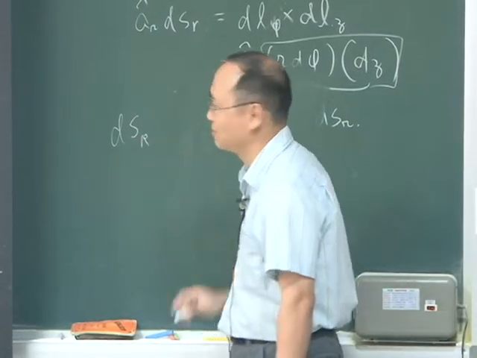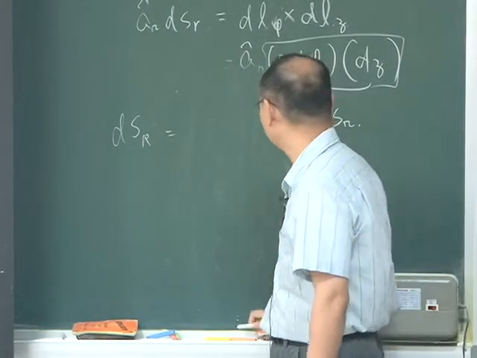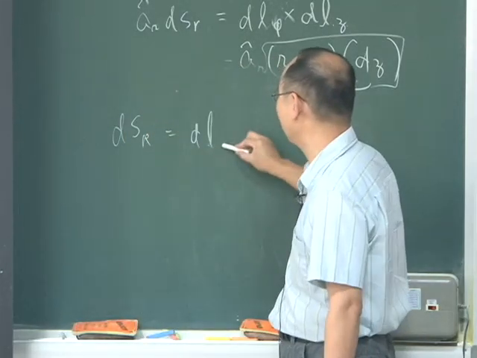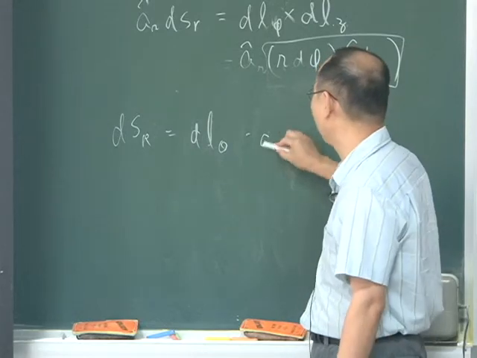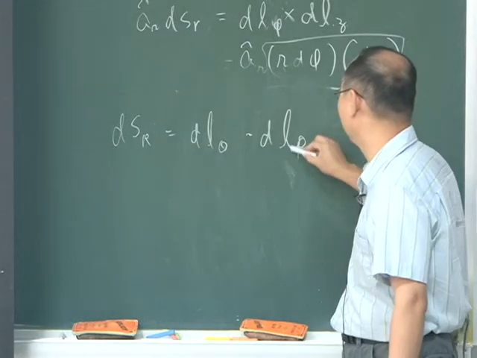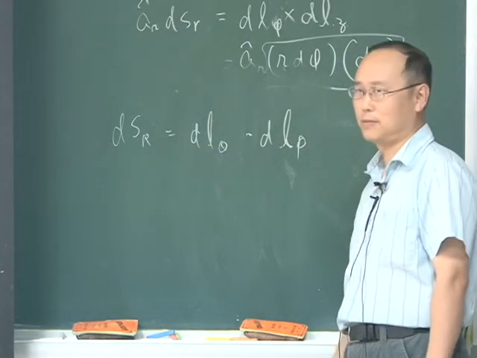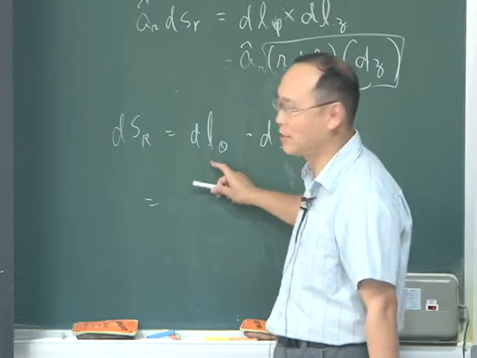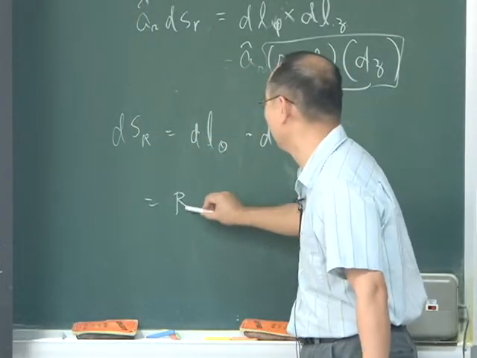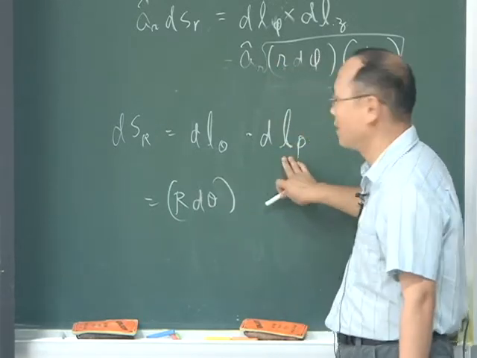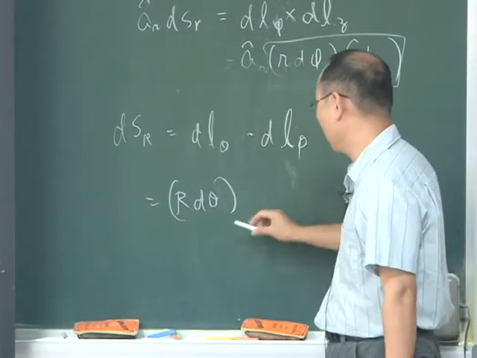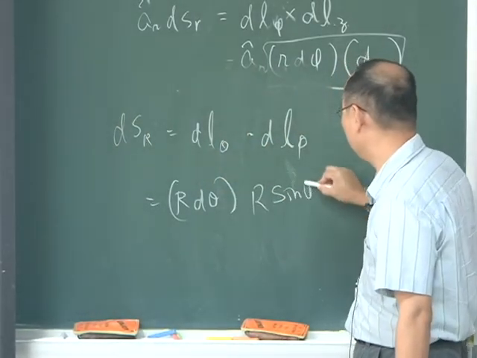DSR with two differential lengths. One is this one, that is dl theta, multiply with differential length dl phi. Okay, and dl theta is understood to be r multiplied with d theta. And dl phi is understood to be this value, that's r sine theta d phi.